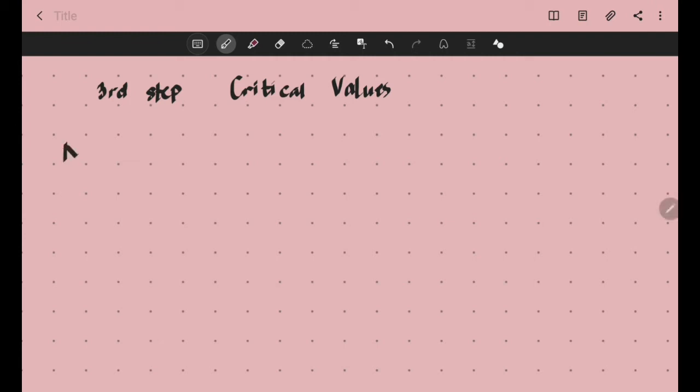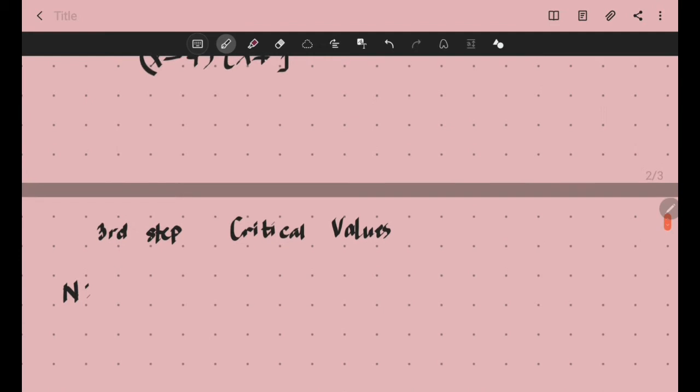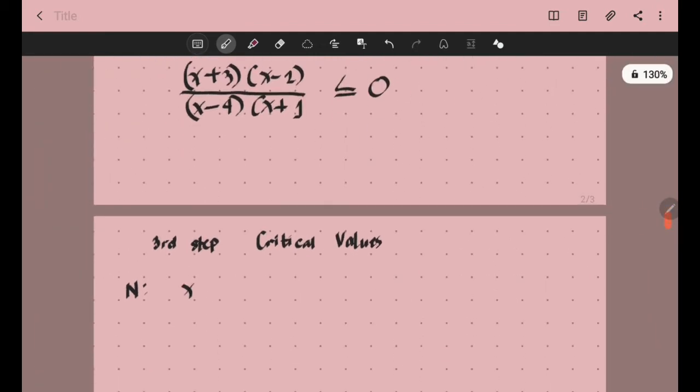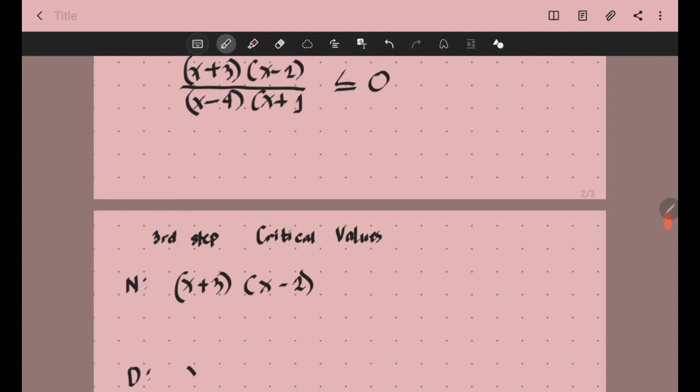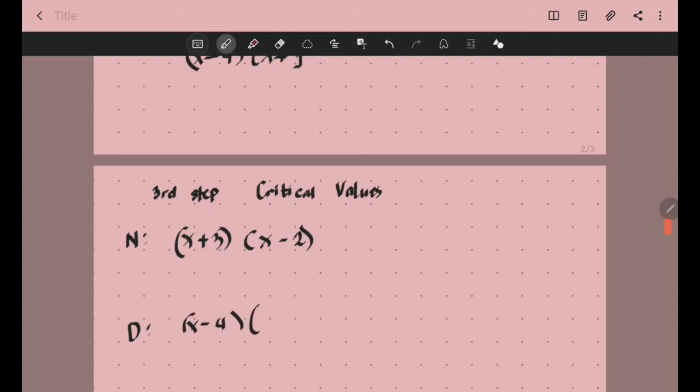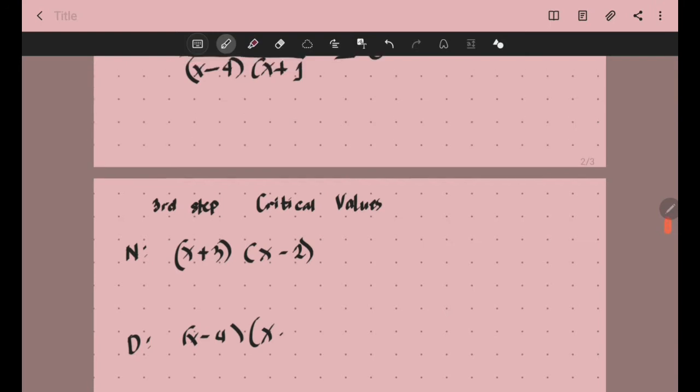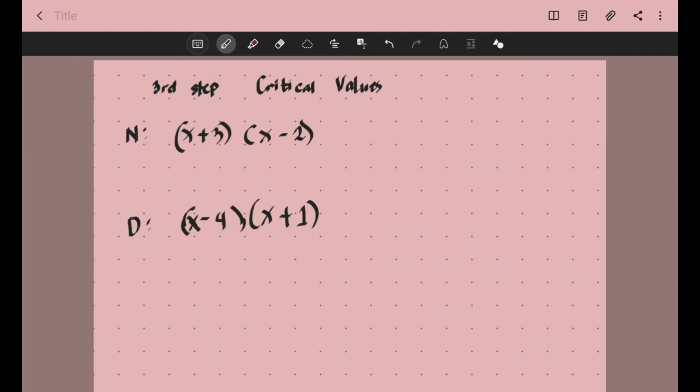So again, our numerator here is x plus 3 multiplied by x minus 2. And our denominator is x minus 4 multiplied by x plus 1. This time, we will set the numerator and denominator to 0.